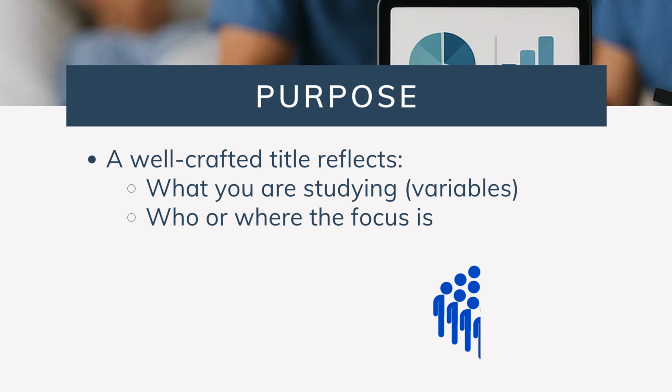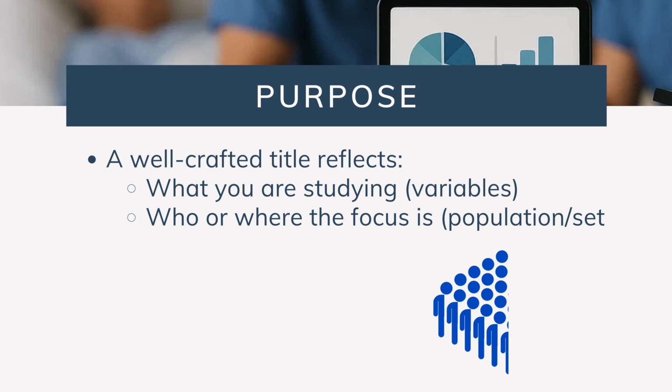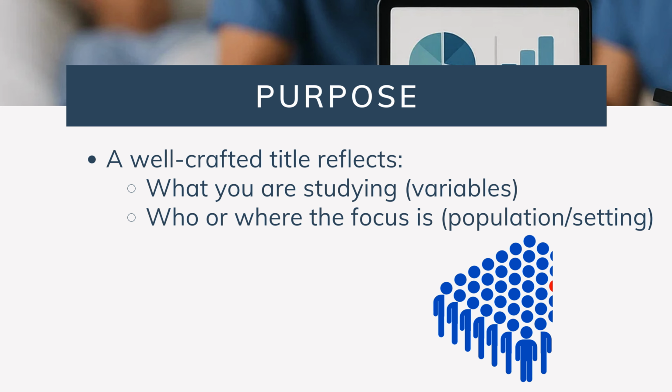The next essential element is the population or setting. Who are you studying? Where is the study taking place? This detail narrows down the applicability and scope of your findings. For example, if your respondents are level 3 student nurses, that needs to be in your title.